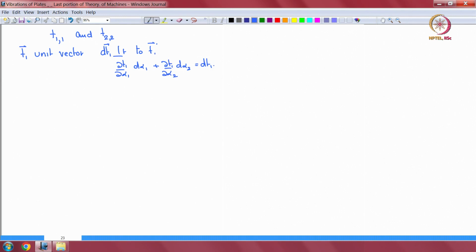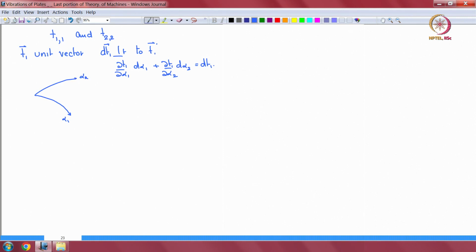Okay. So, now if we draw a picture, this is alpha 1, this is alpha 2.